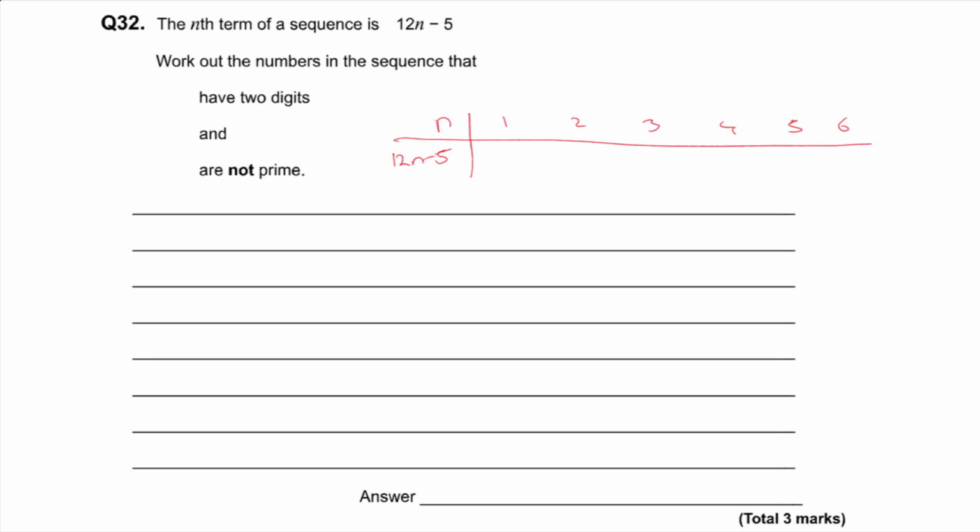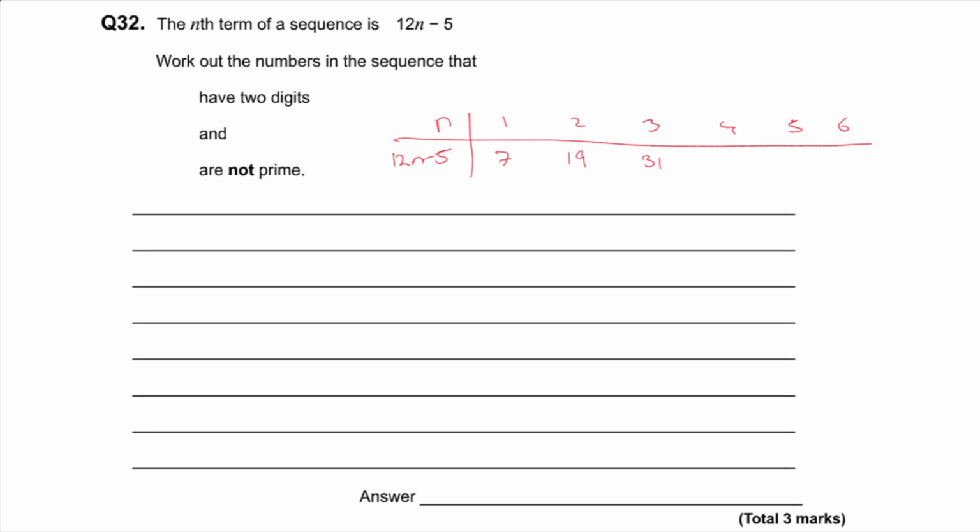I'm just going to get some values and see what I get. So 12n minus 5 is the rule. Take the value of n, 1, times it by 12, take away 5, that's 7. So 1 comes in, 7 comes out. When n is 2, 12 lots of 2 is 24, take away 5 is 19. When n is 3, 12 times 3 is 36, take away 5 is 31.